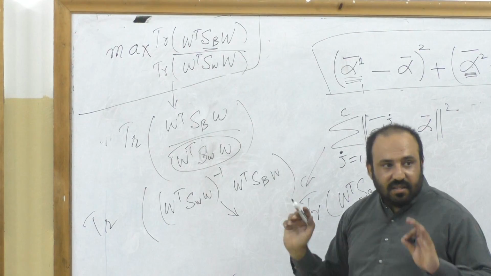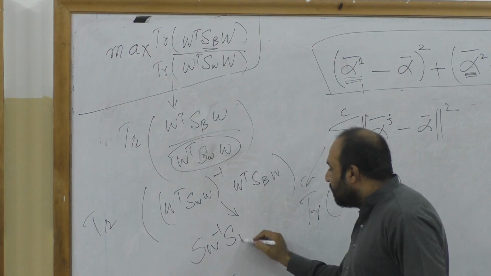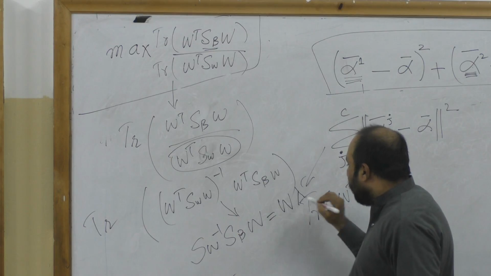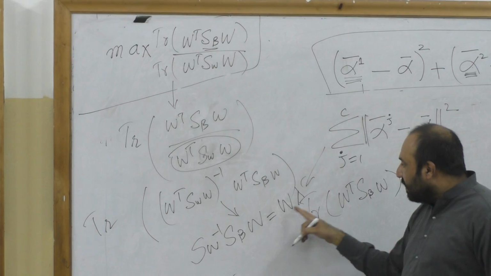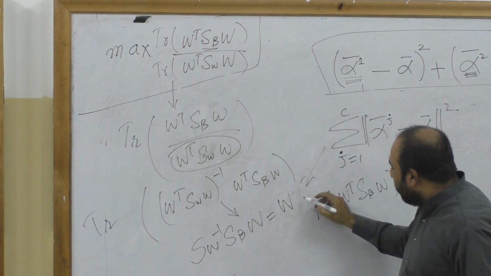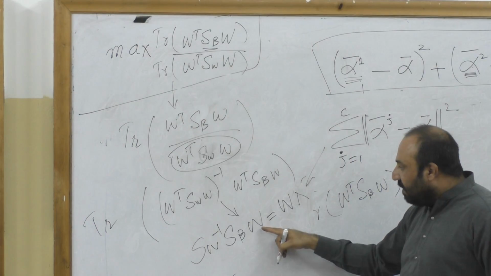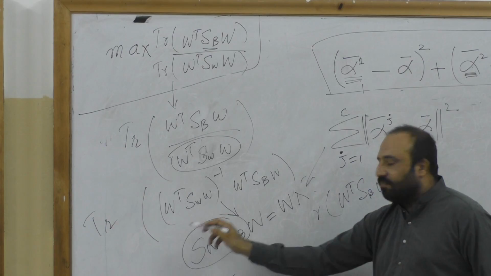But the solution turns out to be the following: SW inverse SB W is equal to W lambda. Okay. अब जो ये मैट्रिक्स है, ये जो मैट्रिक्स है, तो ये लैम्डा का भी एक मैट्रिक्स है. Every vector of W is actually the eigenvector of this matrix.